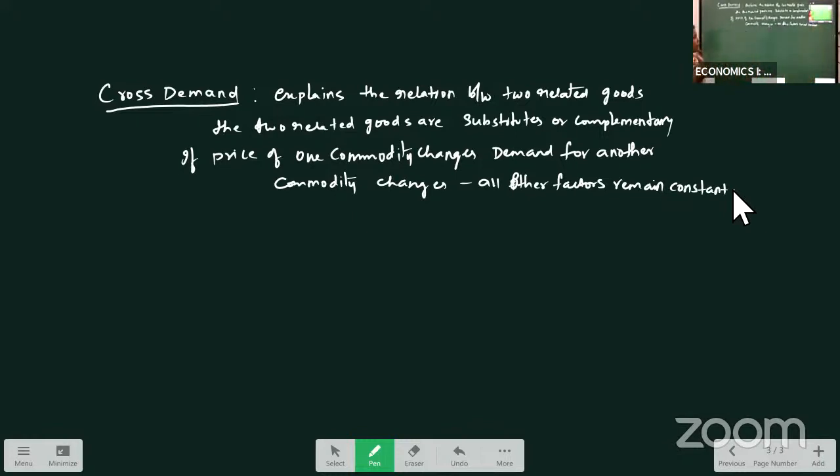So what is the concept we are explaining here? In case of cross demand, if the price of one commodity changes, demand for another commodity changes, right? Price of one will affect the demand for another. That's why we call them related goods. Okay, so what are the two related goods we are having? Substitutes and complementaries. So first, what are substitute goods?